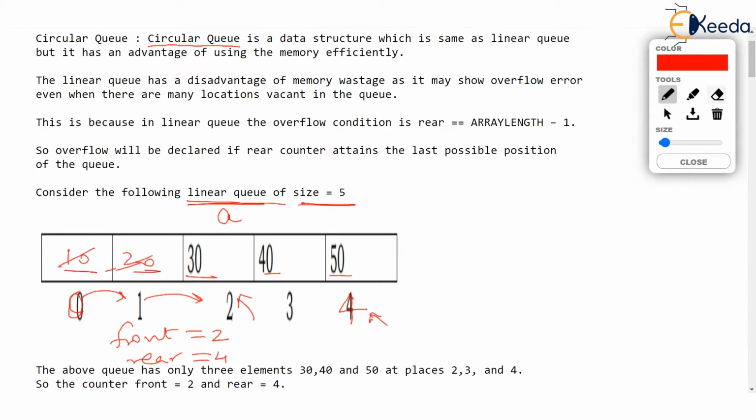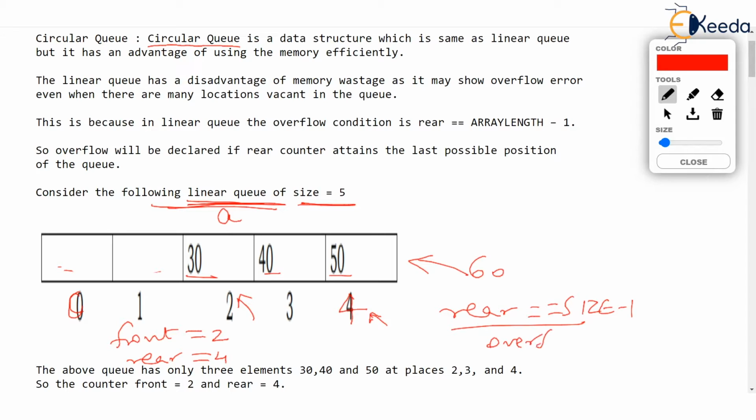And we have already discussed this in the earlier video that now if you try to insert one new value, 60 let's say, 60 should stand after 50. But as this is linear queue, this is so rigid, this will announce overflow. It will say that rear has already attained the place size - 1. Recall the overflow condition that we saw in the linear queue program.